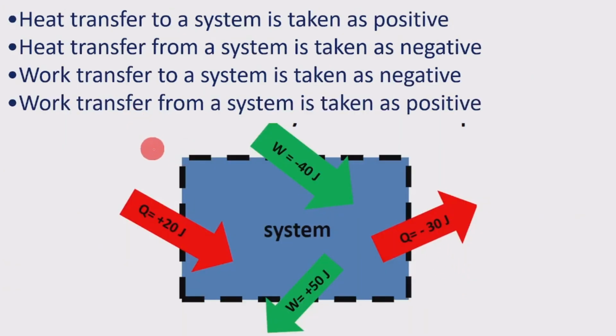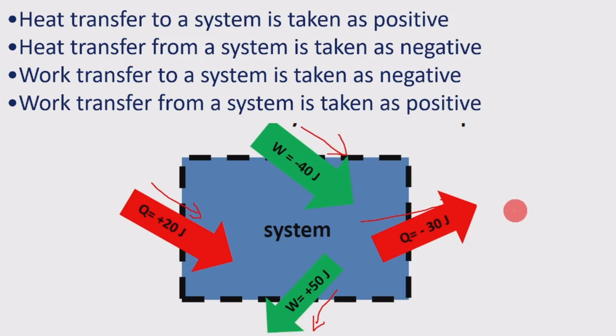Here is the sign convention. Heat transfer to a system is taken as positive. Heat transfer from the system is negative. Exactly opposite to this is work transfer. Work transfer from the system is positive, and work transfer to the system is negative.